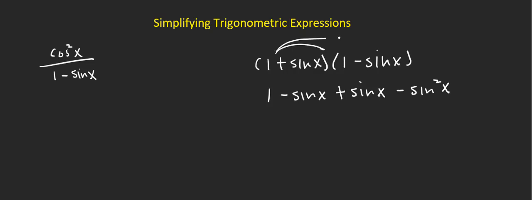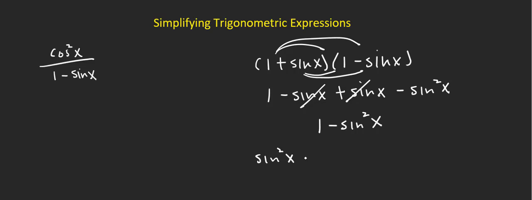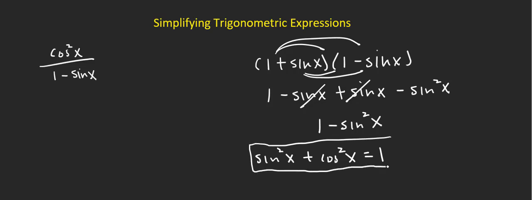So when I say multiply these out, this is what I mean. And notice, the middle terms cancel out, you get 1 minus sine square x. Now remember, sine square x plus cosine square x equals 1. This is the important theorem in trig.